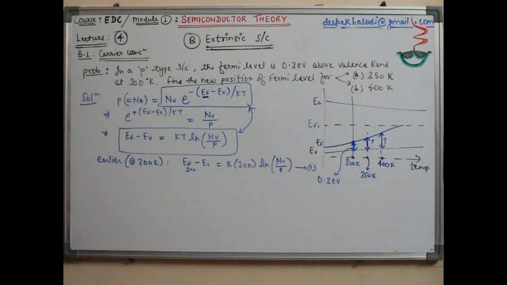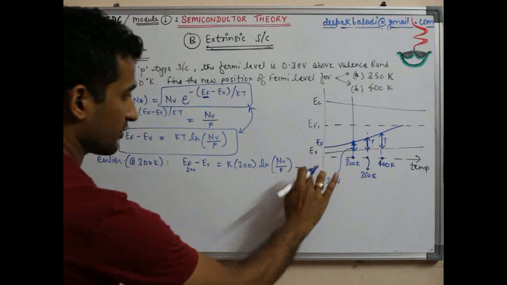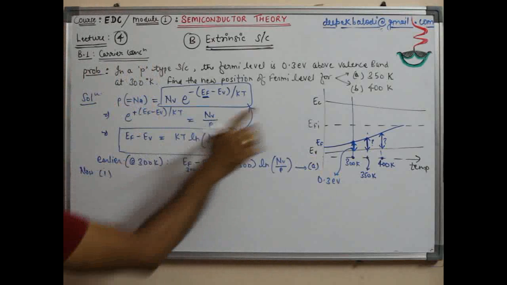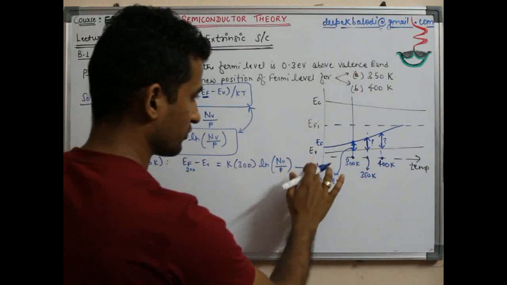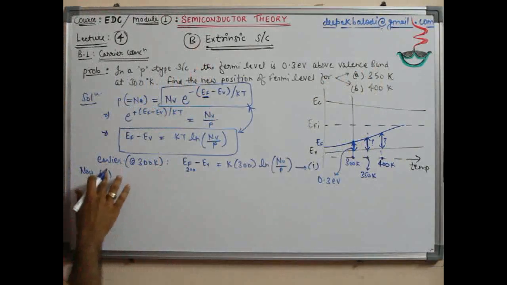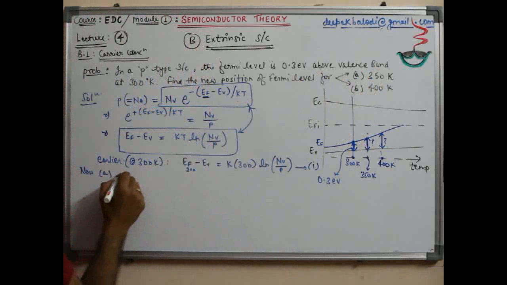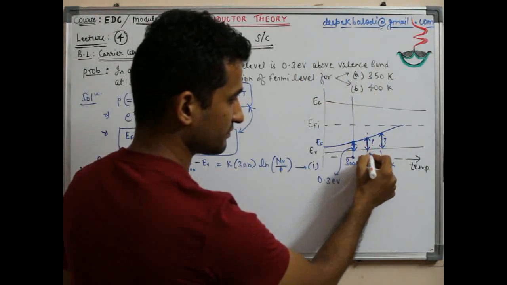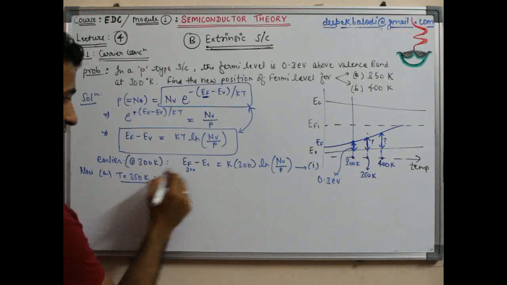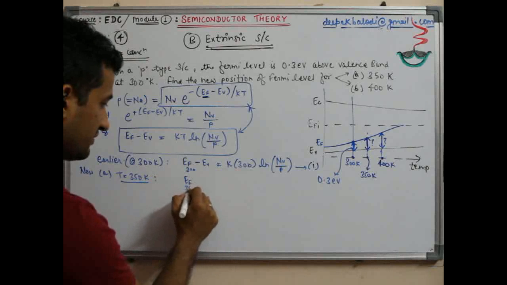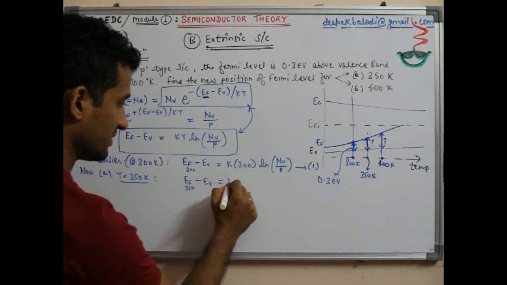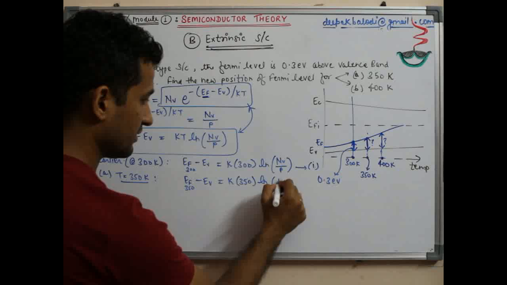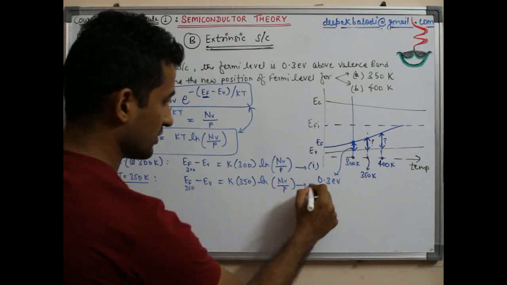Let me call it equation number 1, or equation A. Now, for case A, because the new temperature is 350, I have to calculate here. So the only difference will be EF at 350 minus EV is k times 350 times ln of NV by P, that will be equation 2.